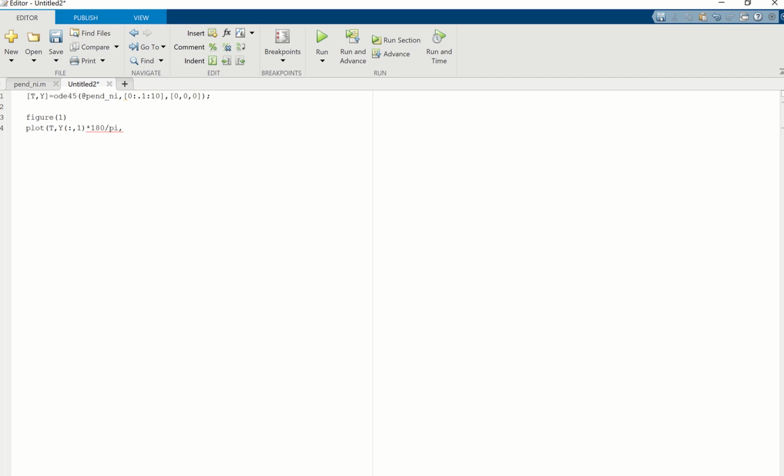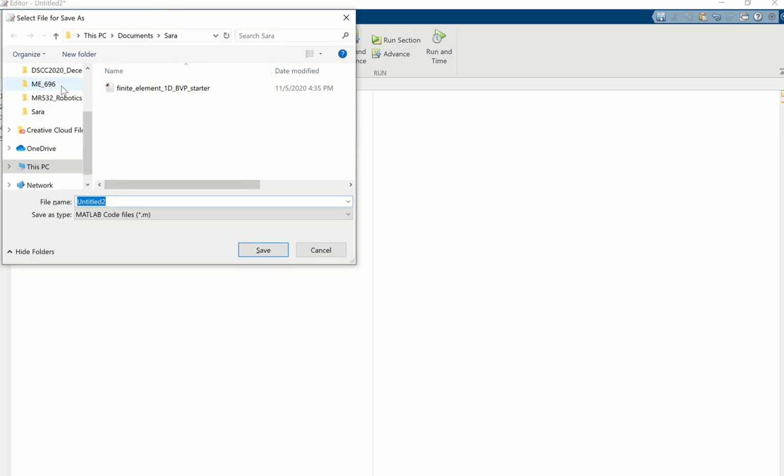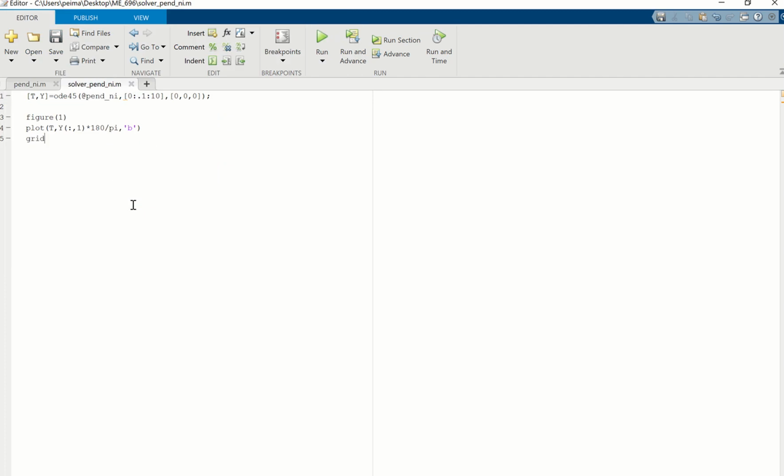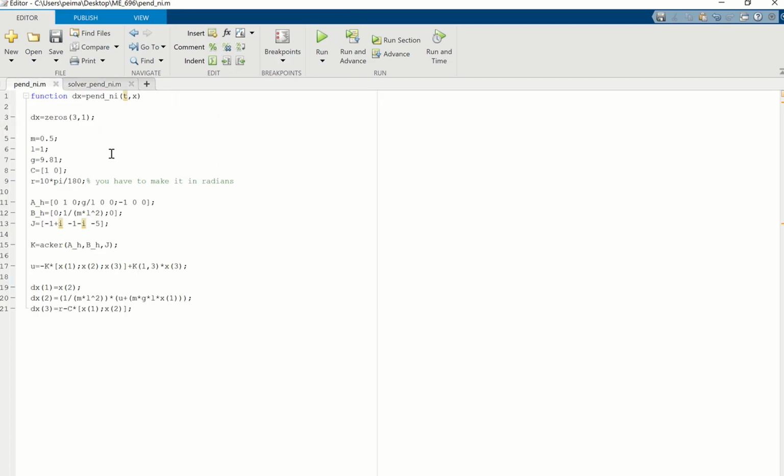I'm going to see it in angle, that's right, with the blue line, and obviously grid. Here we go, and again here it's going to be solver for pendulum, not integrator. First let me debug it, because obviously we're going to have some typos and these kinds of things.